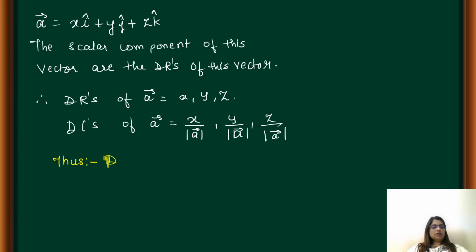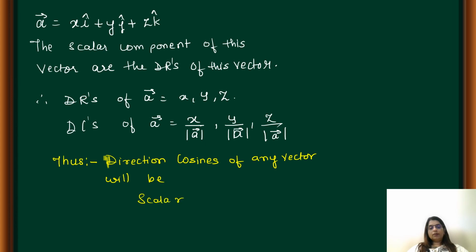Therefore, can we say that direction cosines of any vector will be the scalar component of that vector divided by the magnitude of that vector.